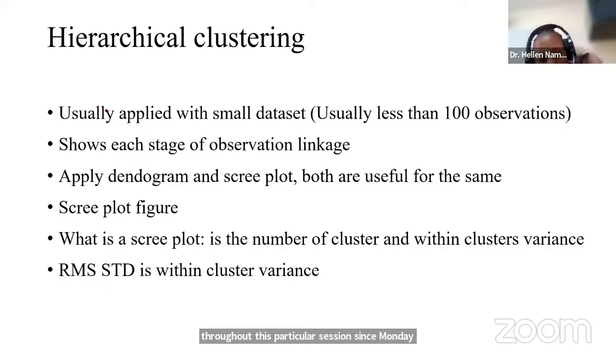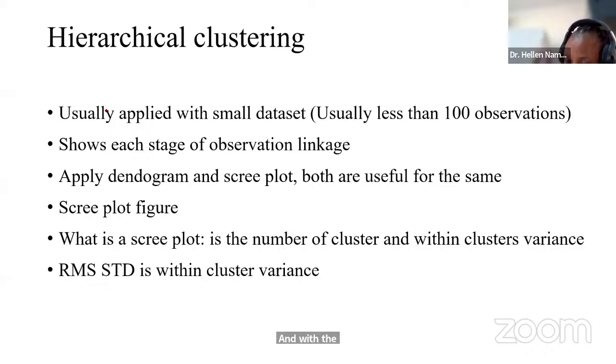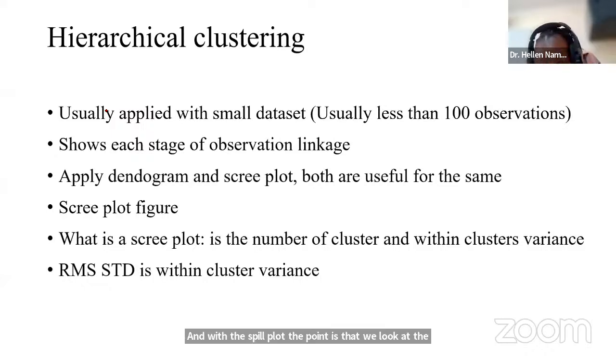With the scree plot, we look at the number of clusters and the within cluster variance, and with it we can determine the optimal number of clusters that we need.